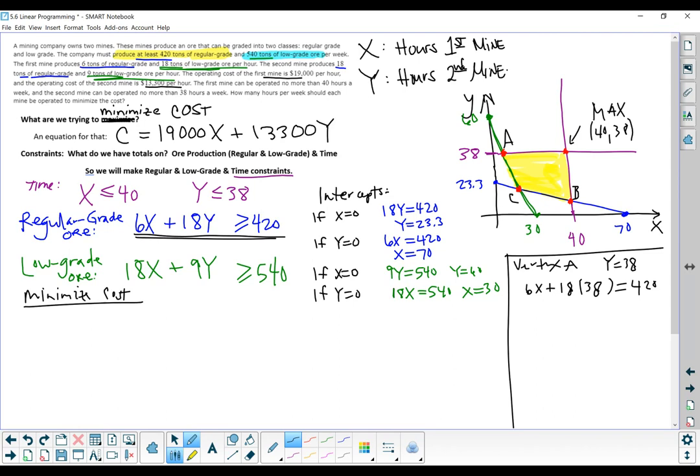Okay, 18 times 38 is 600. Did I times that right? And we're trying to figure out what X is. So 18 times 38.